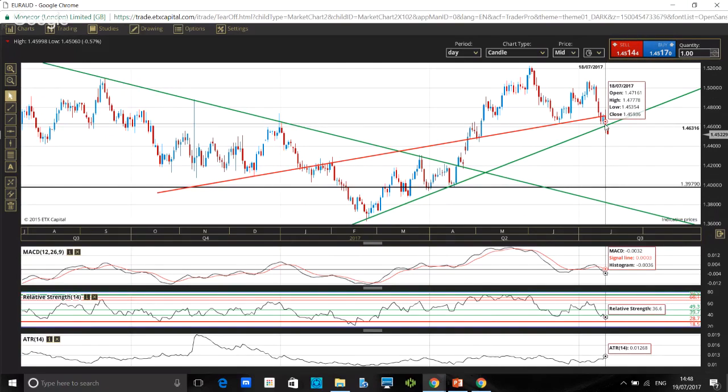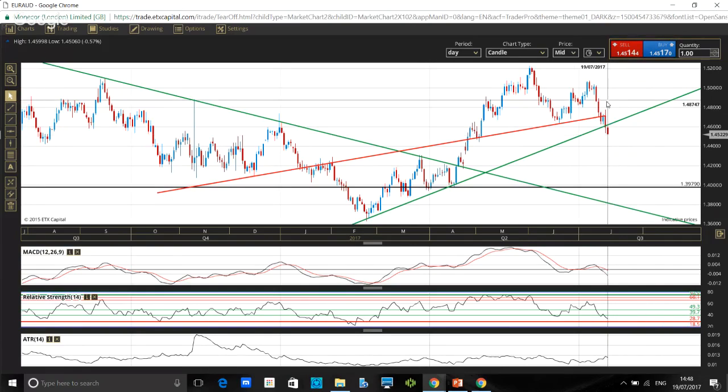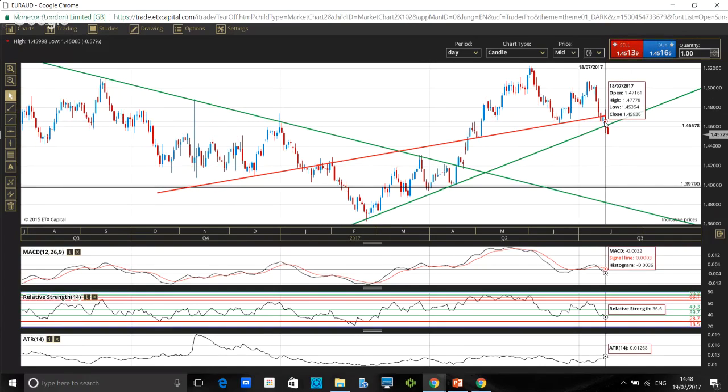RSI has crossed the green zone with that big candle there. You can see the corresponding dots as I hover my cursor over the big red candle there. You can see the corresponding points down there. It has breached that green area, and ATR was spiked up at the time.